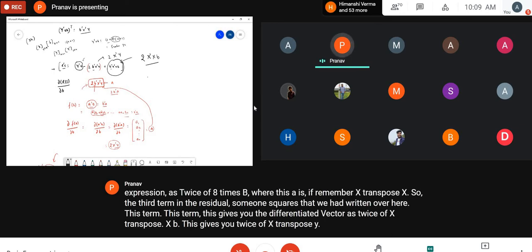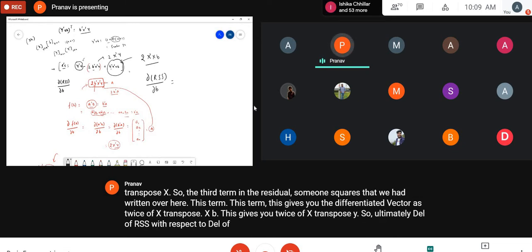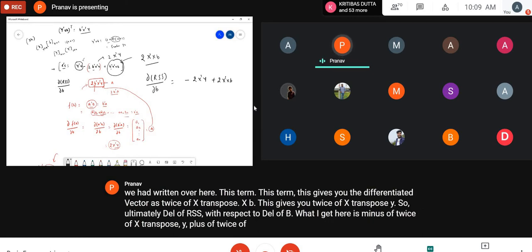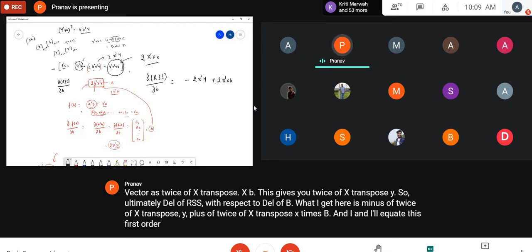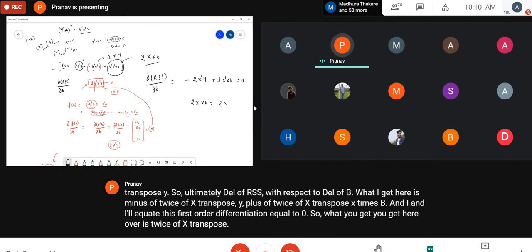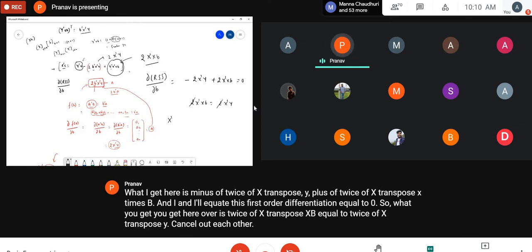So ultimately, del of RSS with respect to del of b is minus twice of x transpose y plus twice of x transpose x times b, and I'll equate this first order differentiation equal to 0. So twice of X transpose XB equals twice of X transpose Y, which cancel out each other. So you get X transpose XB equal to X transpose Y.